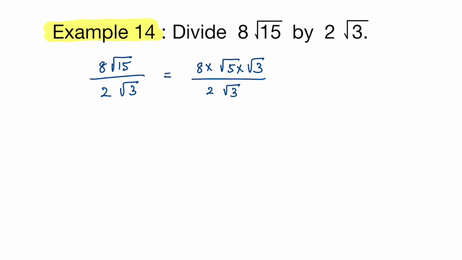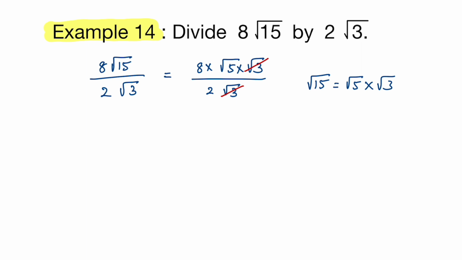Now do you get what I am trying to tell? Now root 15 has been separated and written as root 5 into root 3. Okay, so root 15 is equal to root 5 into root 3. So we have separated it and written it in that form. Now since we have root 3 in denominator and numerator, you can cancel it out. So what we are doing is we are essentially dividing the numerator and denominator by root 3.